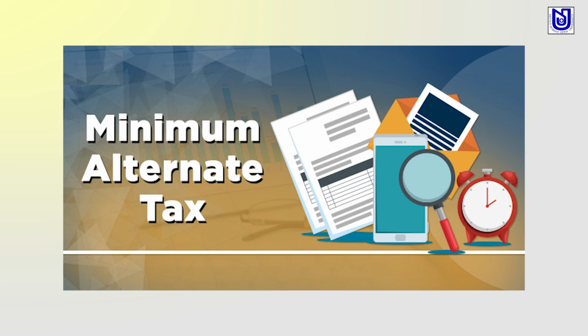Amount of loss brought forward or unabsorbed depreciation, whichever is lower as per books of accounts, shall have to be deducted. If one of them is nil, then the lower is nil, so there will be no question of deduction.